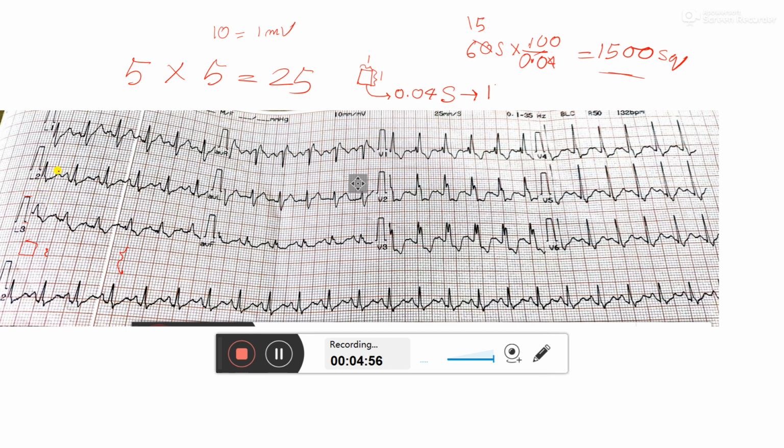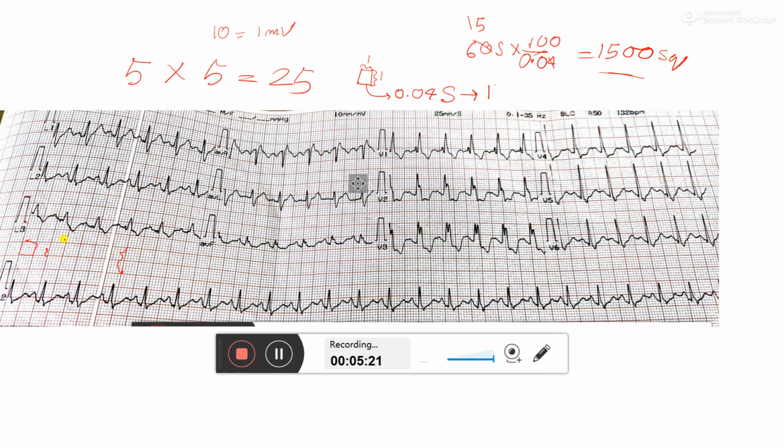If the calibration is increased, we can see more voltage is taken. So if the voltage is low, to observe the waves we increase the amplitude of the waves.